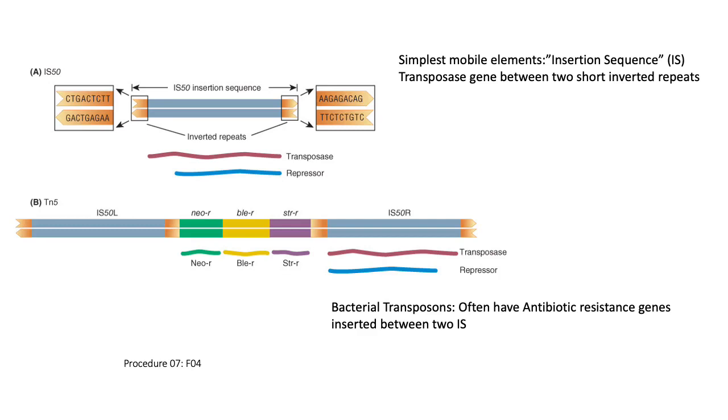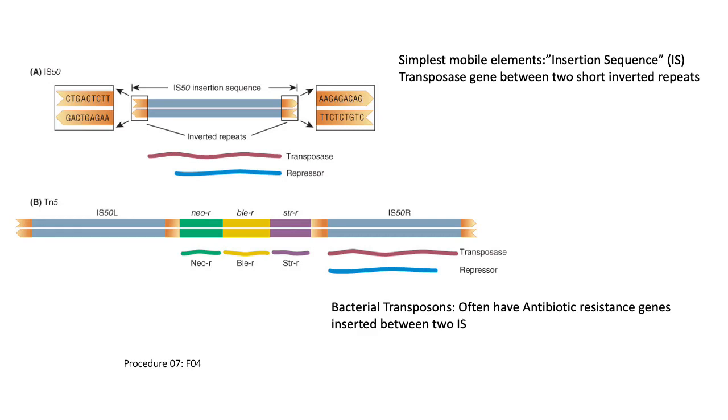They have two insertion sequences with a stretch of DNA in between. And of the two insertion sequences they have, one of them has a bunch of mutations that prevents it from making transposase or repressor. And so only one of them actually makes the transposase and repressor. And that's the lower image. You can see that there's only the red squiggle and the blue squiggle on the right side, not on the left. Because in this case, the left side has mutations.